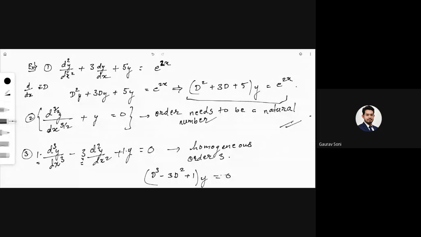Very good. This form will help me find the solution of any differential equation, so you must be very comfortable writing it in this form. If you have written the examples, I can go ahead.